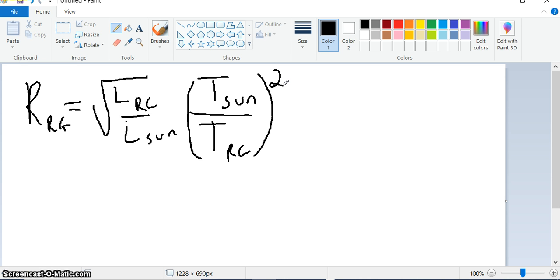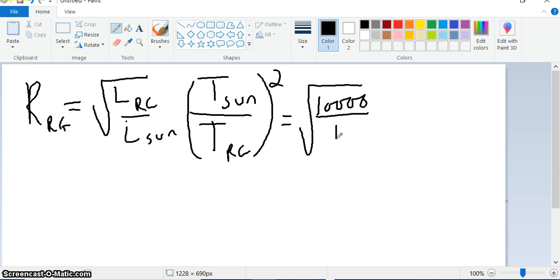Now we just have to put the numbers in. This is actually fairly easy. It's just the square root of, and they gave us that the red giant had a luminosity 10,000 times that of the sun, so it's 10,000, divided by 1. You don't really have to put the divided by 1.